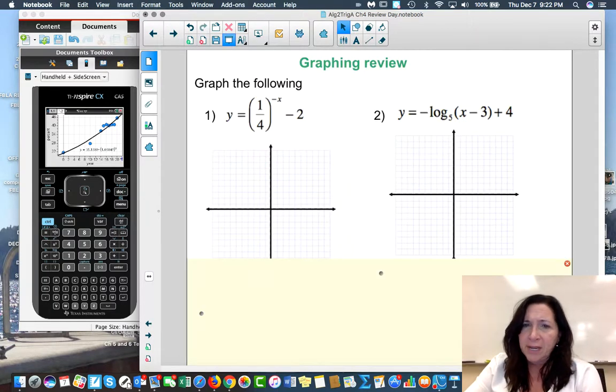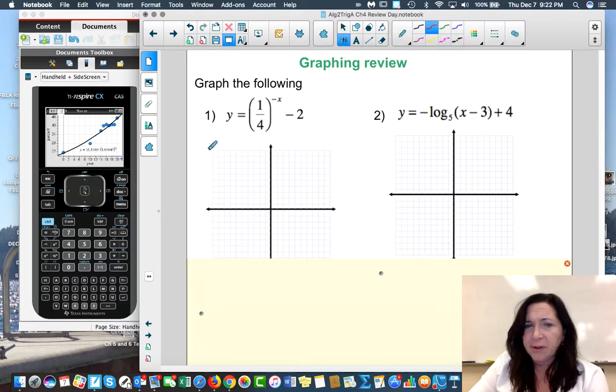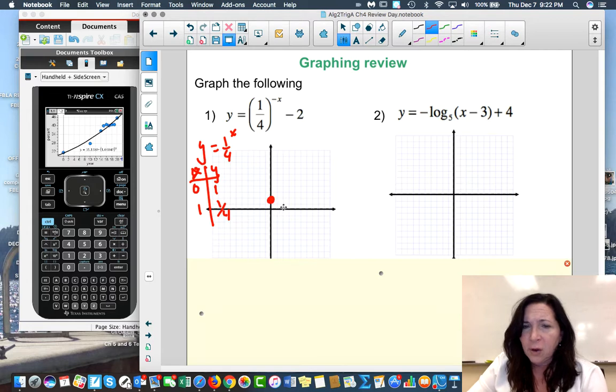For this one right here, if you remember we just did something very similar to this, y equals 1/4 to the x power. We plotted 2 points for x and y. We plotted 0 and 1, and we got 1 and 1/4. So 0, 1, and over 1, 1/4.